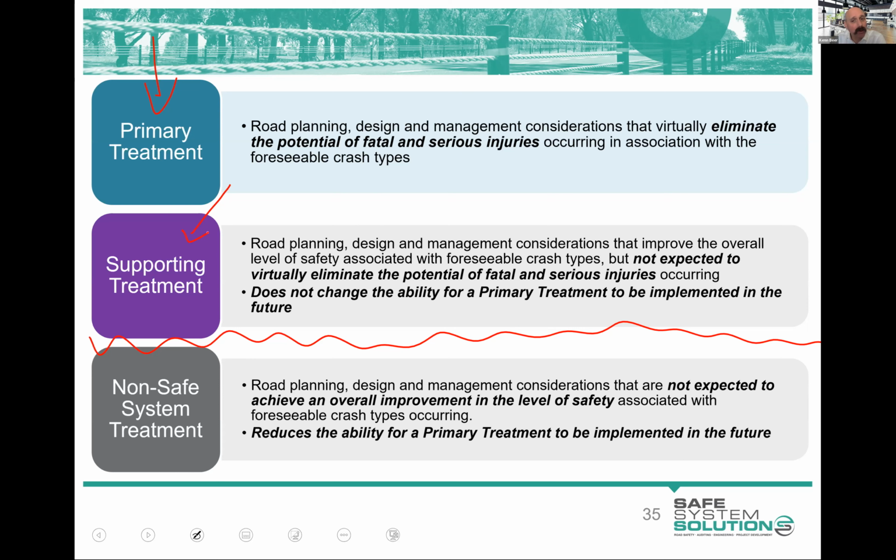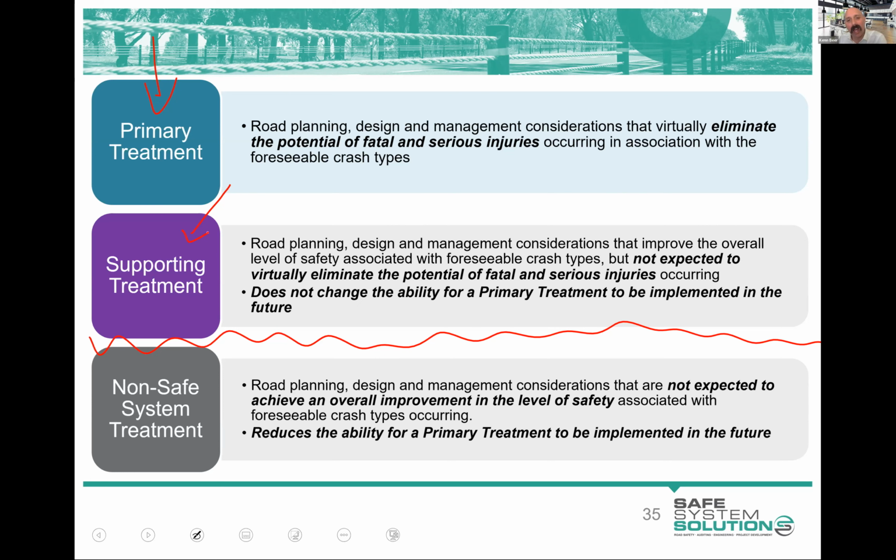Supporting treatments are things that improve road safety, but they're not expected to virtually eliminate the potential for fatal or serious injury crashes. And the other one is that they don't change the ability for primary treatment to be implemented in the future. And so supporting treatments tend to be all of those things that fit into that likelihood category most of the time anyway.